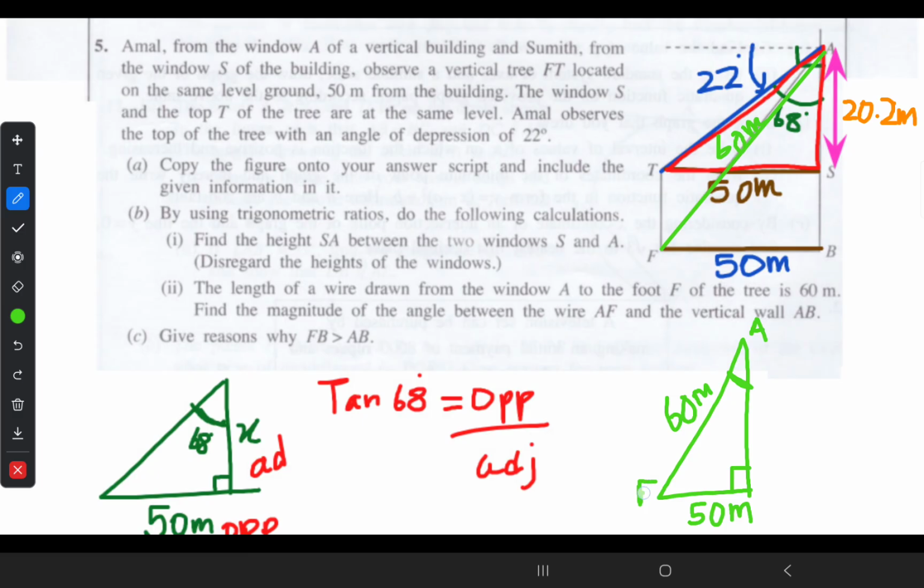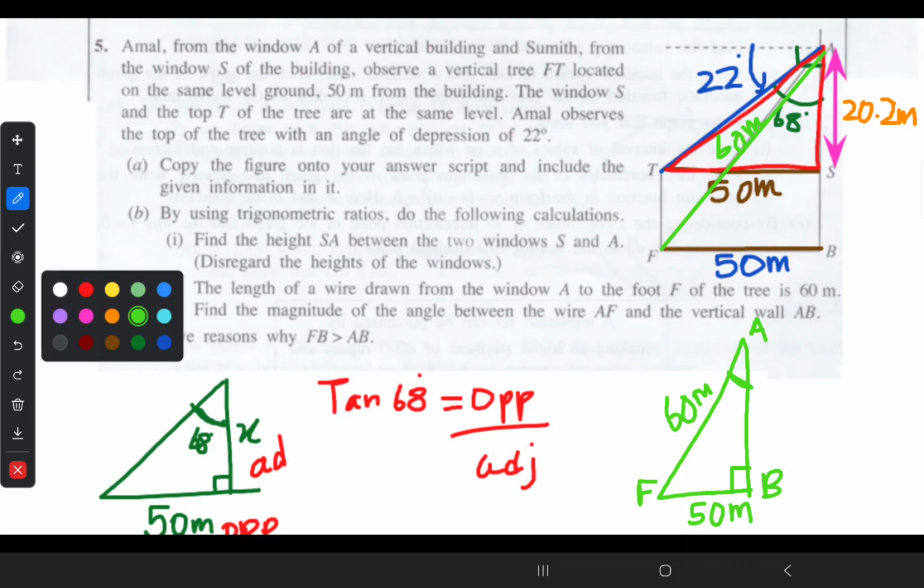If we know one angle and a side, we can find the tan and everything. But here we know the ratio, and from the ratio we are going to find the angle, the opposite of the previous calculation.